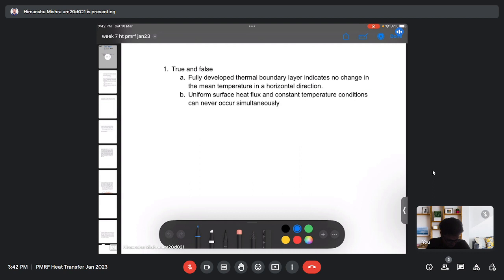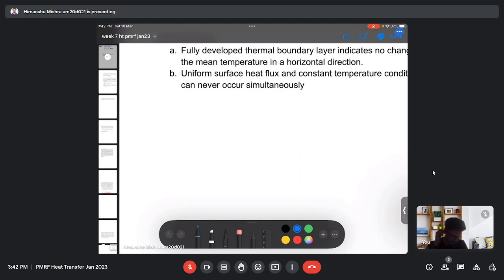So this is an incorrect statement actually, because in the pipe flow, the mean temperature is a function of x. So x is my horizontal distance, which means that my mean temperature will change. It can either increase or decrease depending upon whether the heat transfer is from fluid to wall or from wall to fluid.